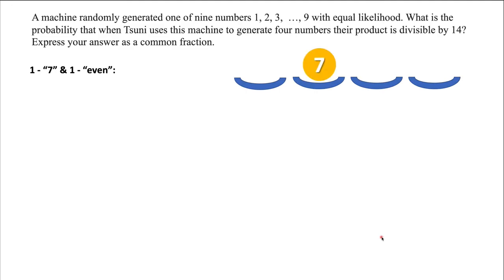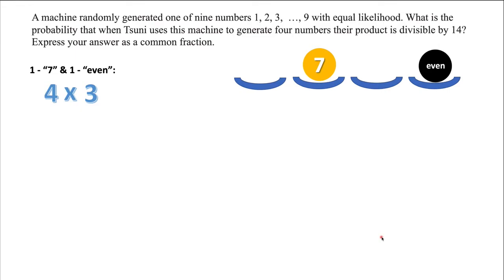After we put the 7, we have 3 positions left. Next, we put an even number in one of those 3 positions, so there are 3 ways. The total number of positions possible is 4 times 3, 12.